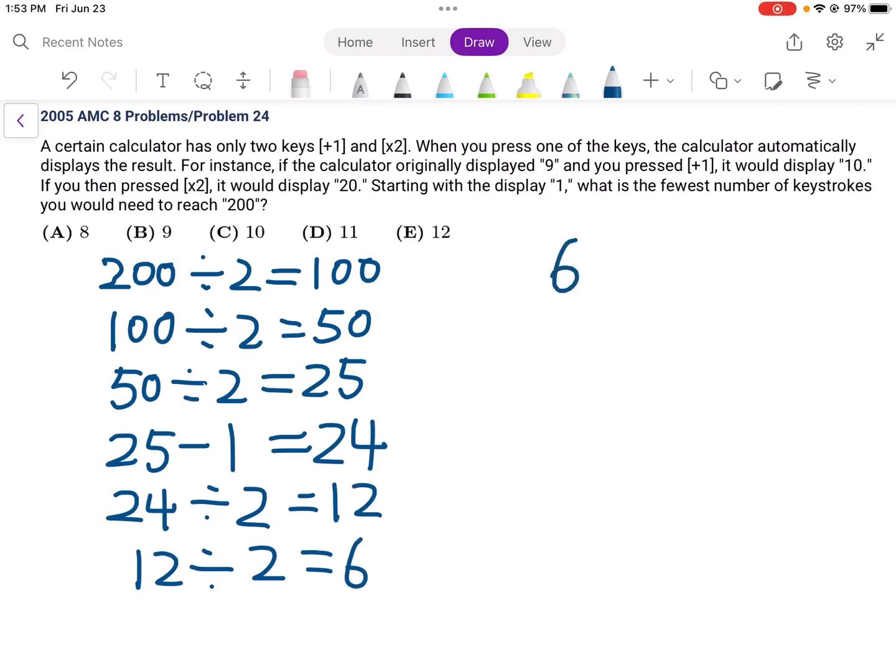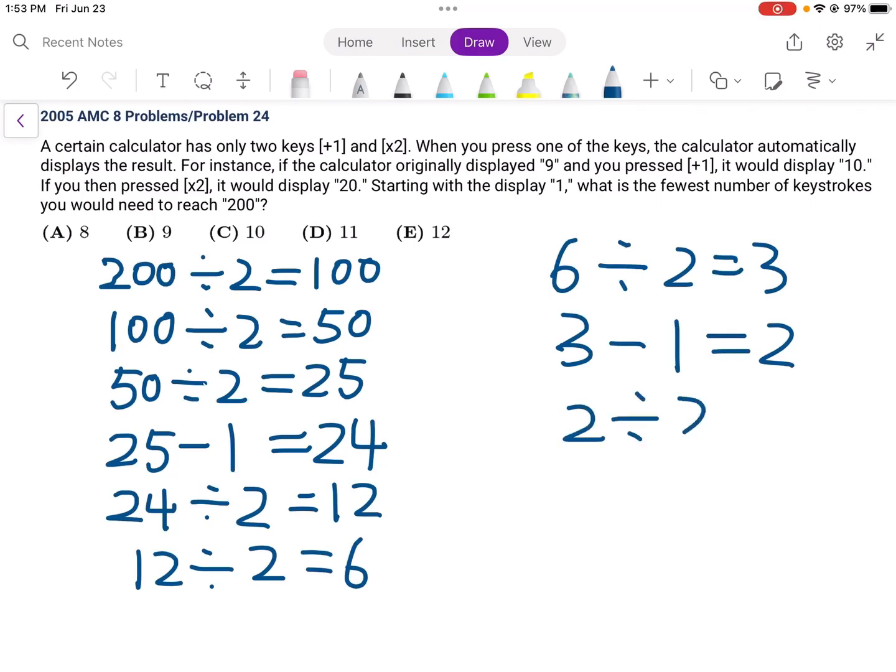And 6 divided by 2 equals 3. 3 subtract 1 equals 2. 2 divided by 2 equals 1. That's where we started. So the answer is, there are 9 steps in total. The answer is B.